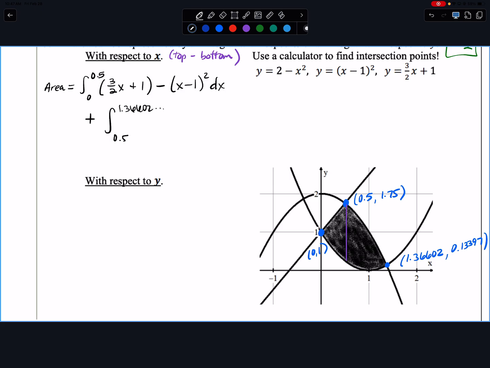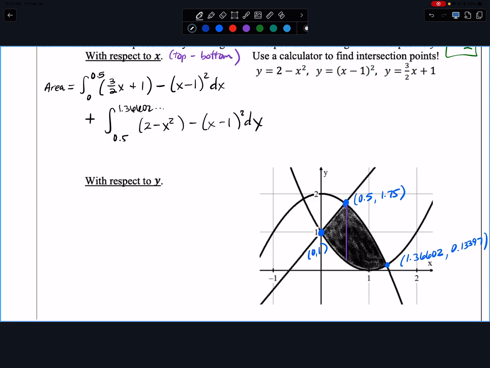So 2 minus x squared minus what's the bottom function? x minus 1 squared dx. Done.